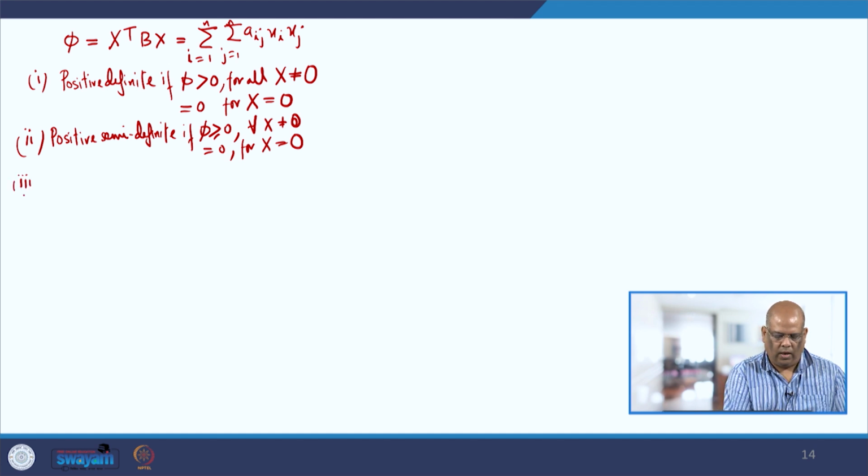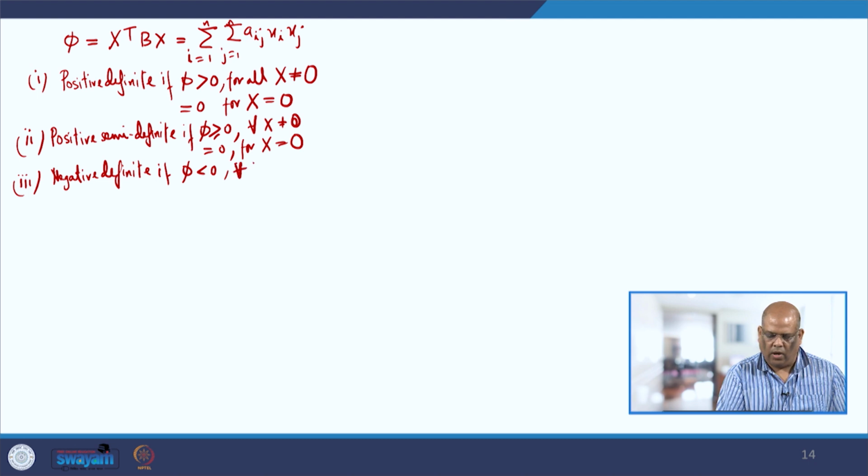Number 3, the quadratic form is called negative definite if phi is less than 0 for all x not equal to 0, and it is equal to 0 for x equal to 0.